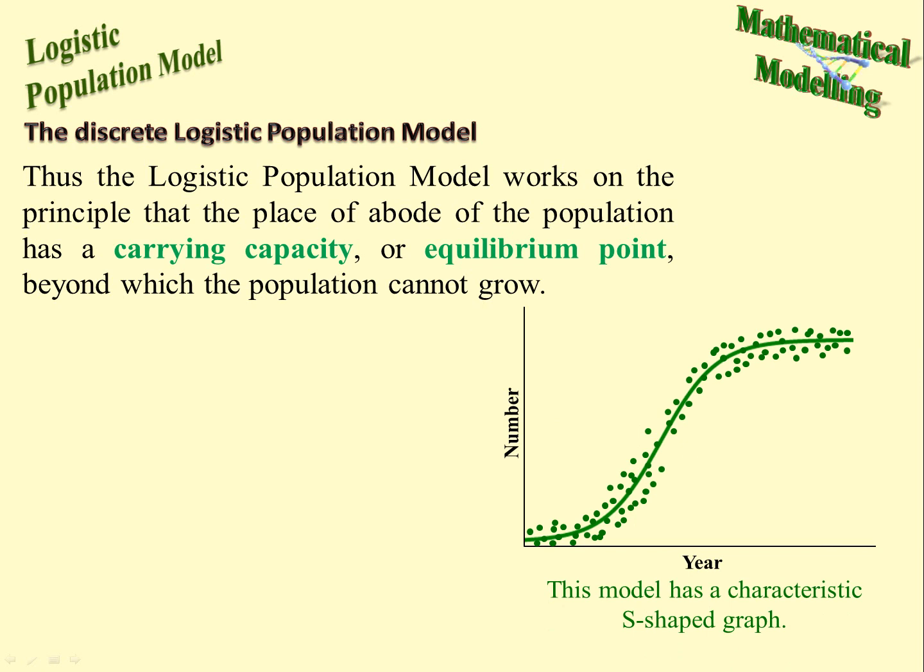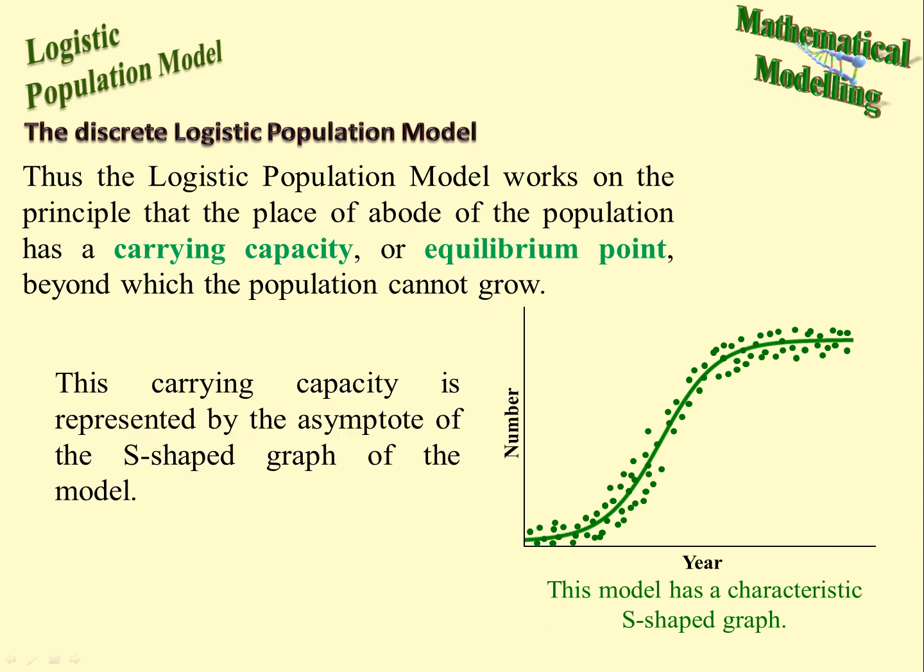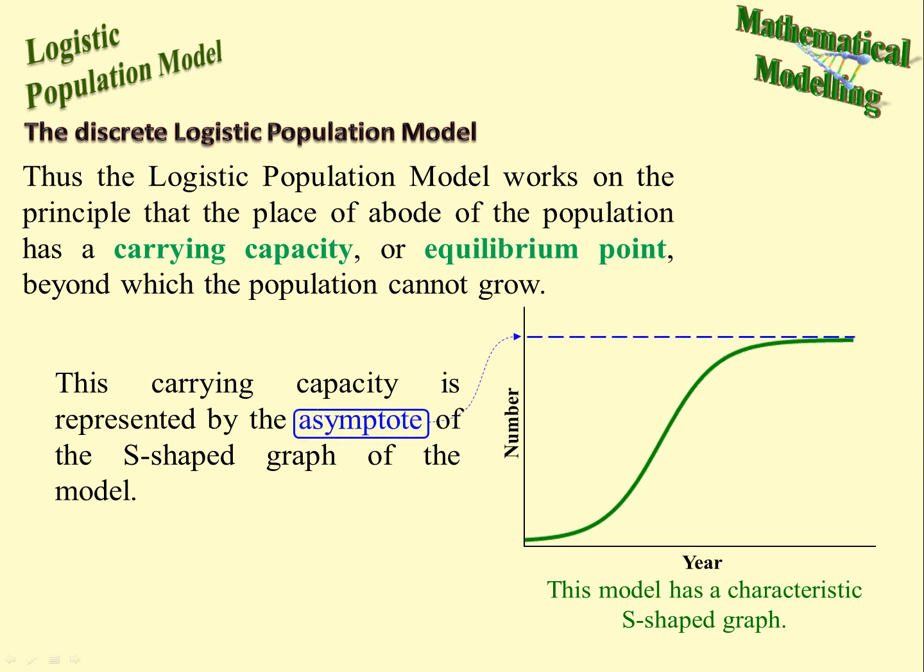And it's a characteristic S-shaped graph. Carrying capacity is represented by the asymptote of this graph. So at this stage, the growth rate is increasing.